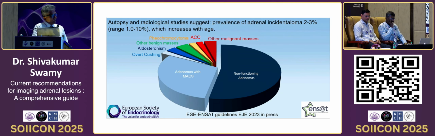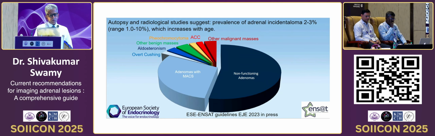If you look at the whole adrenal adenomas or the incidentalomas, that's the whole gist of the talk we are discussing today. Adrenal incidentally detected nodules encompass nearly 75 to 80% of the tumors. We do a routine scan for something else and we end up detecting adrenal nodules.